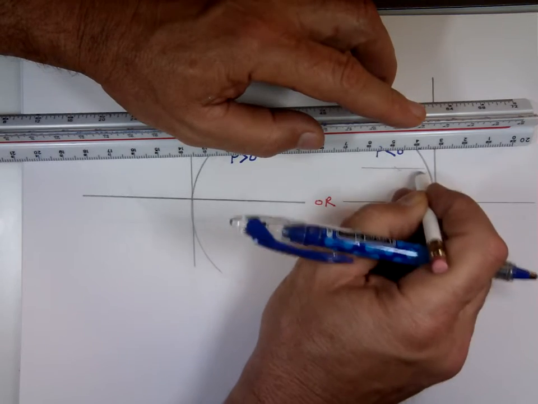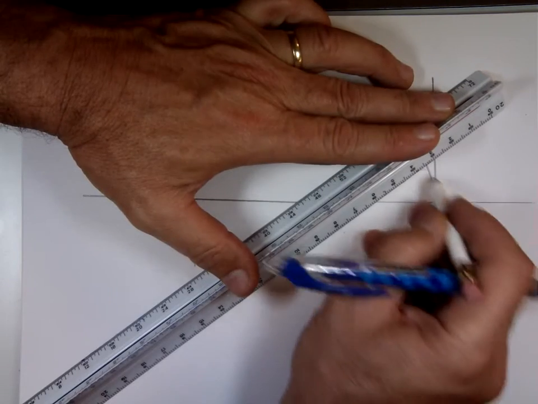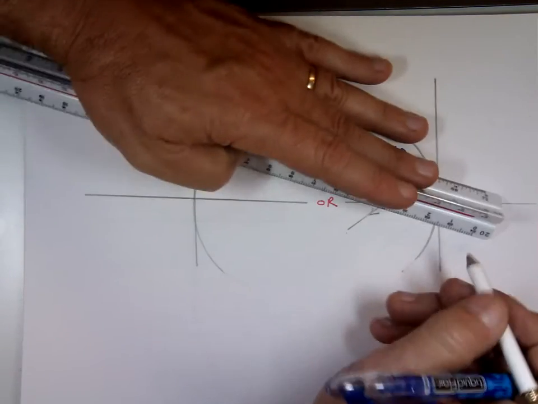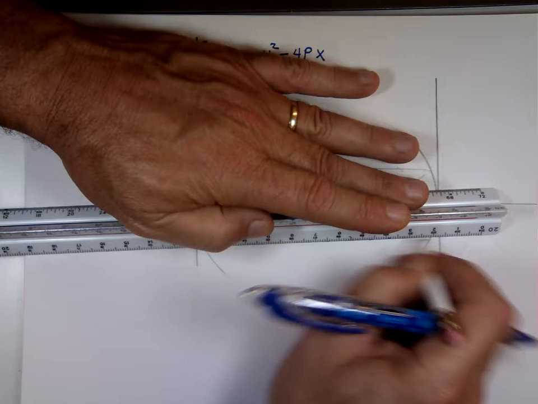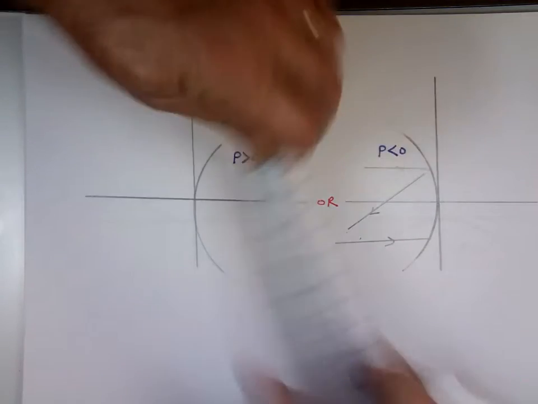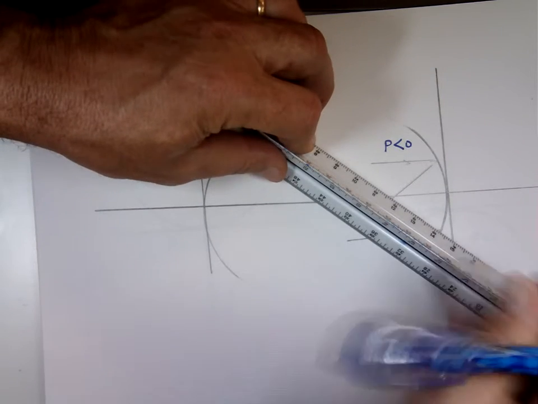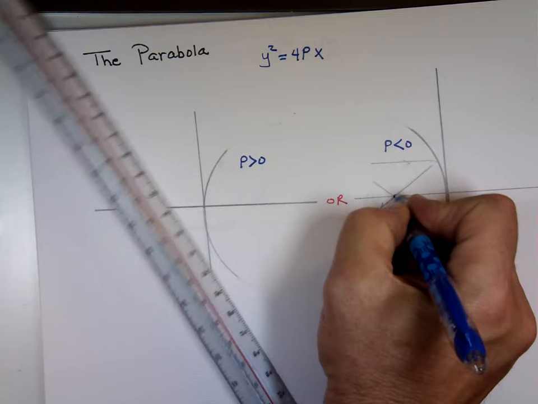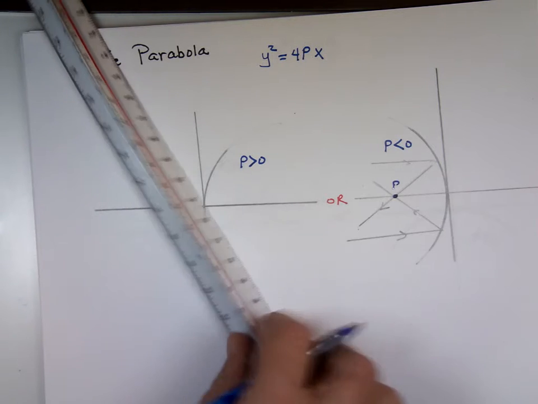Once it hits that surface, it's going to reflect. It's going to bounce like this. And where all the beams meet, that's where p is. So p is really our focal point.